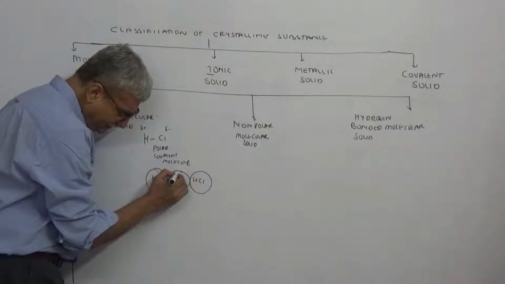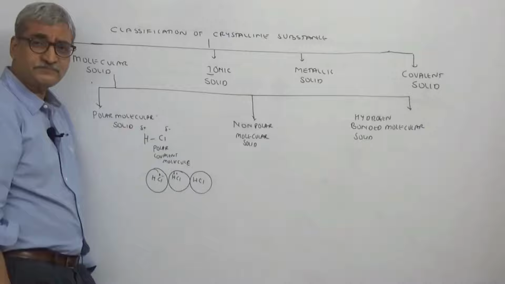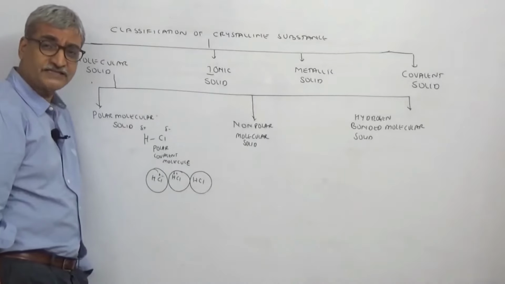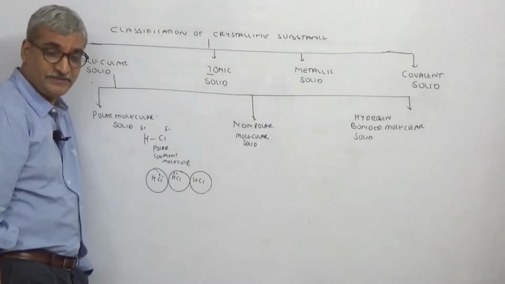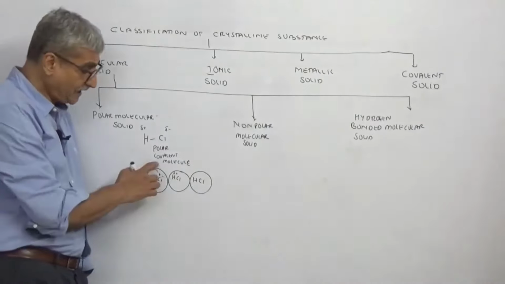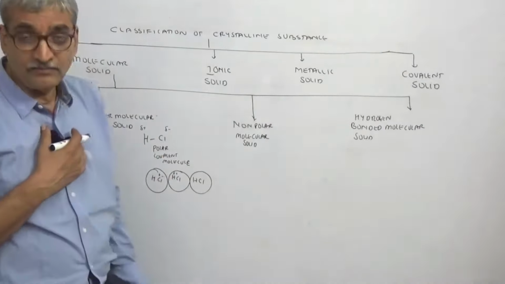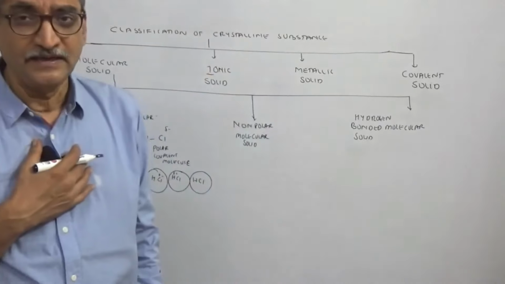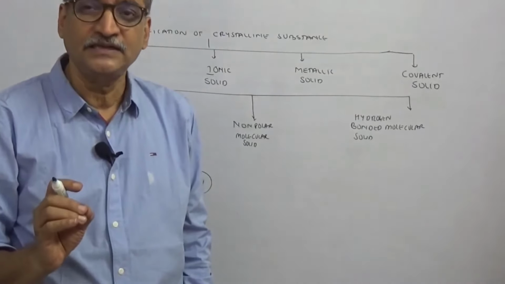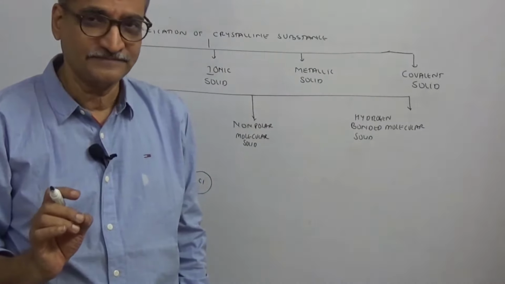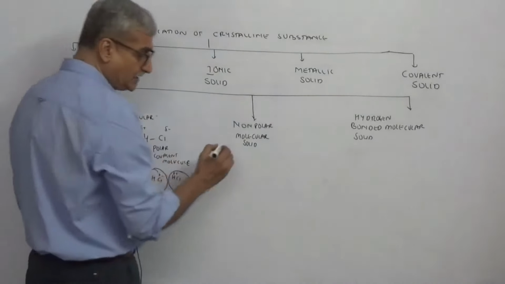This is delta negative and this is delta positive, so there is an electrostatic force of attraction between the opposite charges of different molecules. This is dipole-dipole interaction. The molecule is polar, and when you solidify it, they are held together by attractive forces. Is this point clear? Whereas in a non-polar molecule, let us take methane.